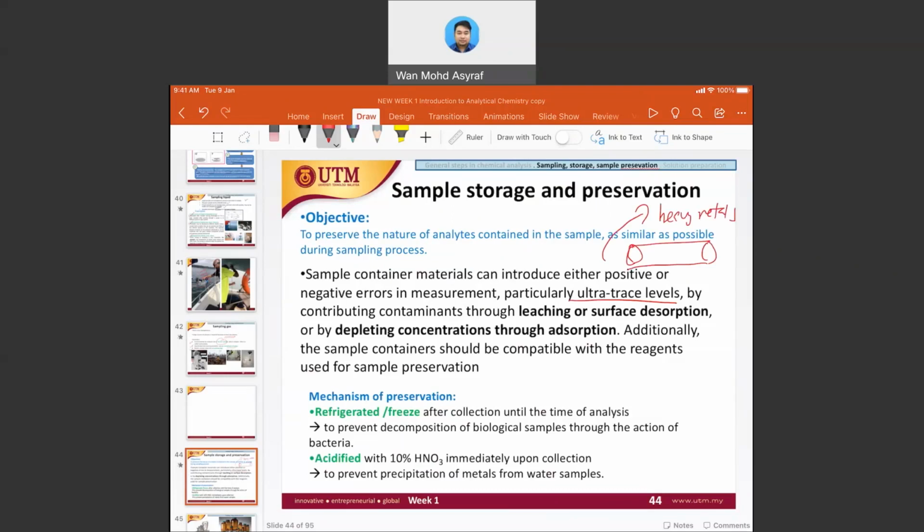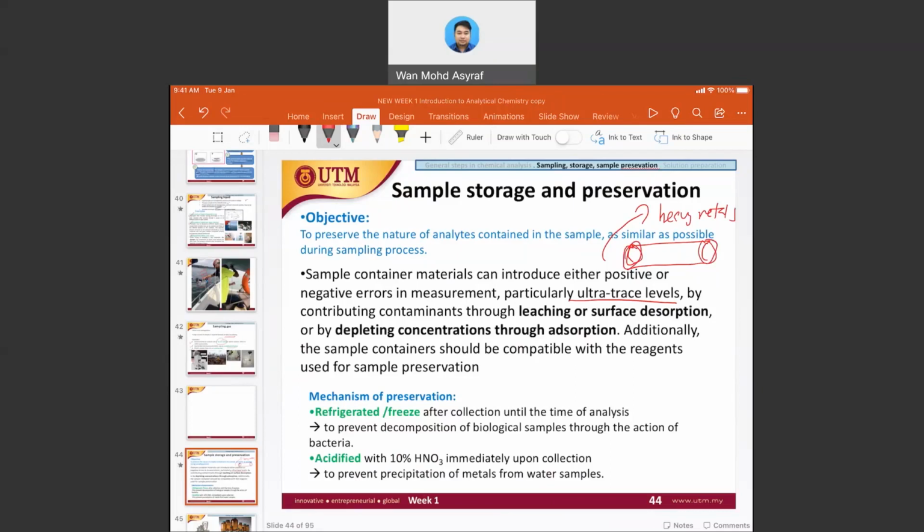But some heavy metals have the ability to latch themselves onto the sample container. So when they stick to the sample container, the intended concentration that you want to find will deviate. Sometimes it will have a positive deviation, sometimes a negative deviation.